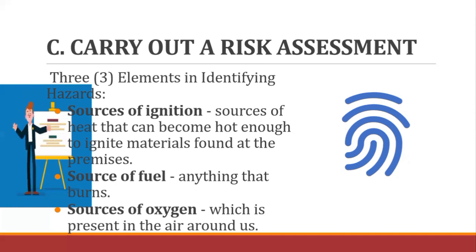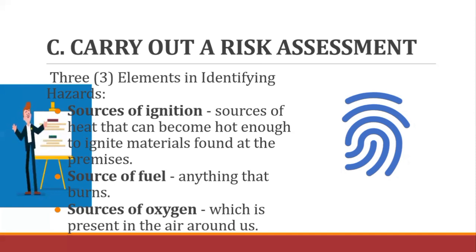There are three elements in identifying hazards. First, sources of ignition, sources of heat that can become hot enough to ignite materials found at the premises. We have already discussed the sources of ignition, the sources of heat.